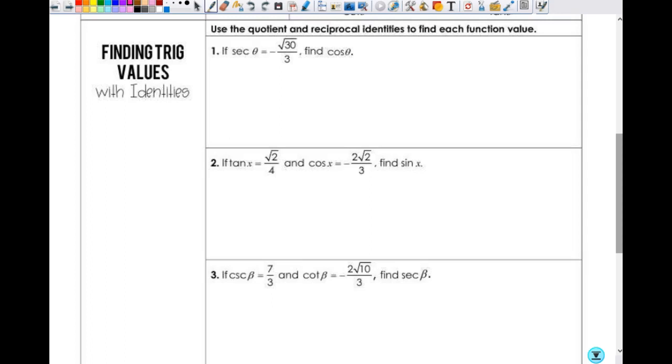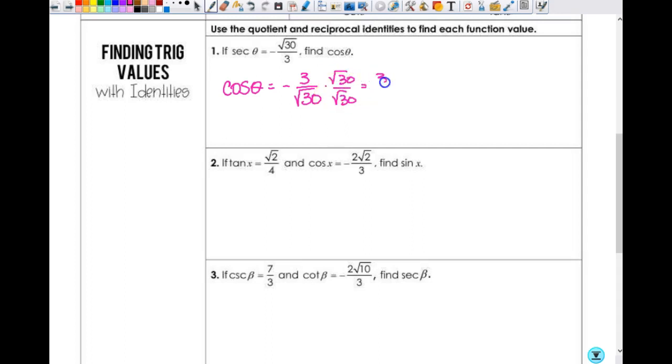So we know that secant of theta is negative square root of 30 over 3. We want to find the cosine of theta, right? Well, isn't secant just the reciprocal of cosine? Yes? That means that cosine theta is equal to the reciprocal of this fraction. So it would be negative 3 over the square root of 30. And then you just have to clean it up, right? I'd rationalize by multiplying by the square root of 30 over the square root of 30.